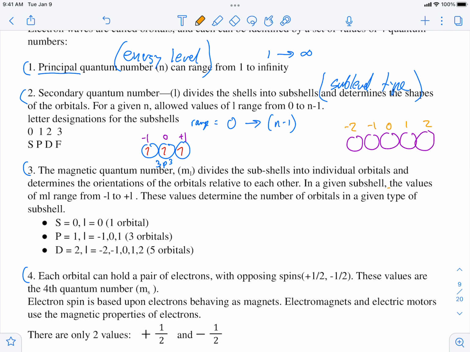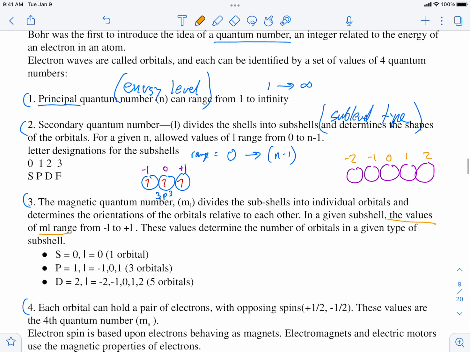I didn't even tell you the symbols. The principal quantum number is n. The secondary is L. The third is M sub L, and the range is -L through +L.